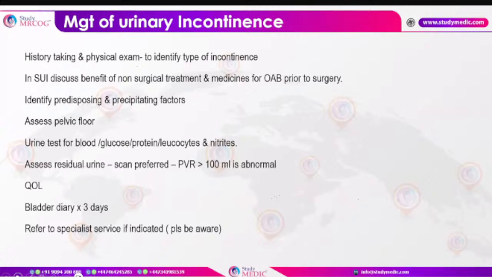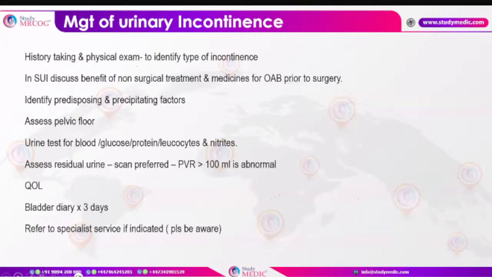Then you have to identify any predisposing and precipitating factors, like if the woman is diabetic, if she's hypertensive, if she's on any drugs, whether her sugars are not well controlled, whether she has prolapse. All these factors could be precipitating factors. So you have to identify them so that your management is proper.